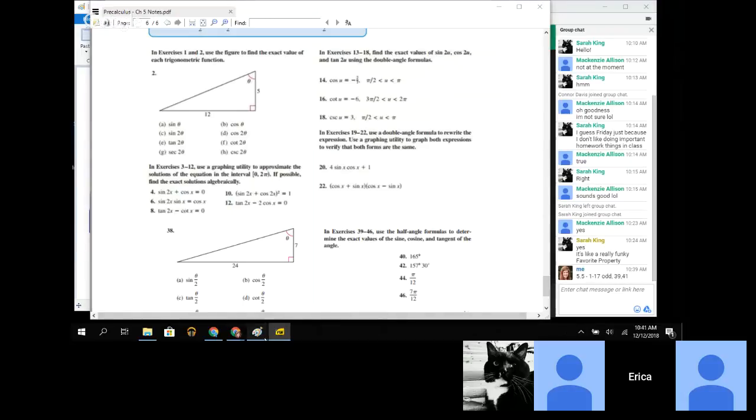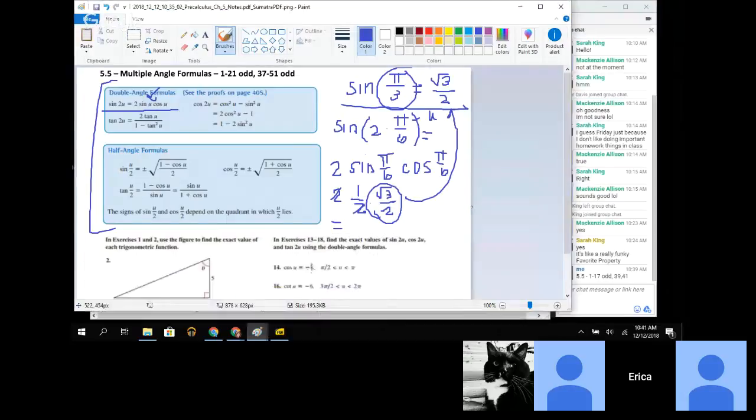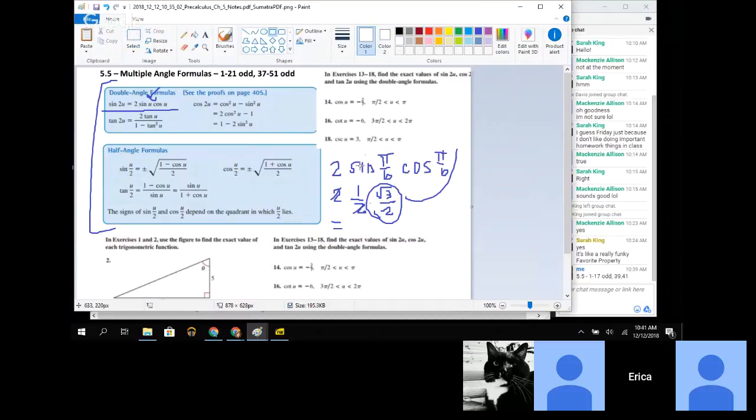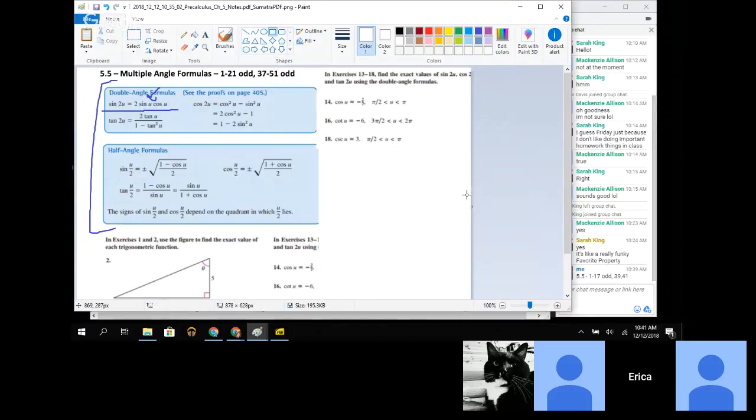Let's put that here. All right, so we want to find the exact values of our function using the double angle formula. What this looks like is this.